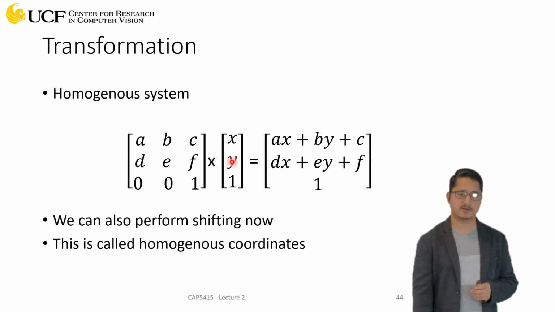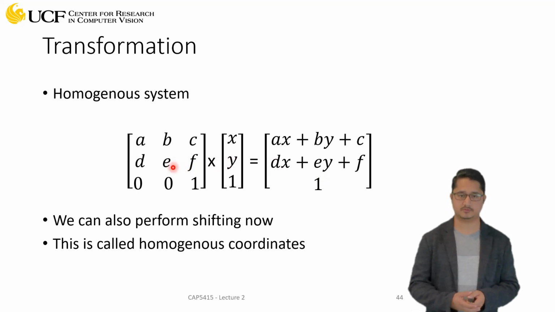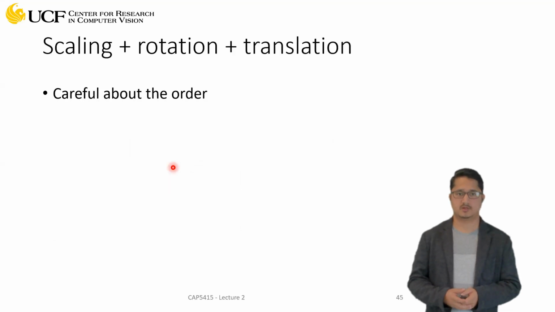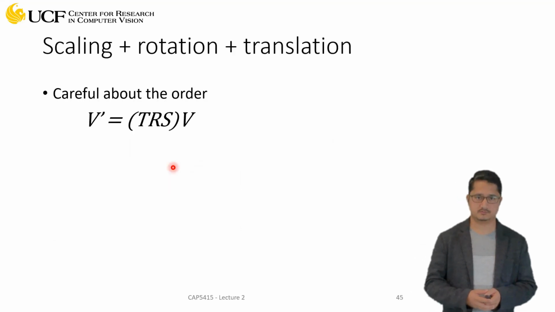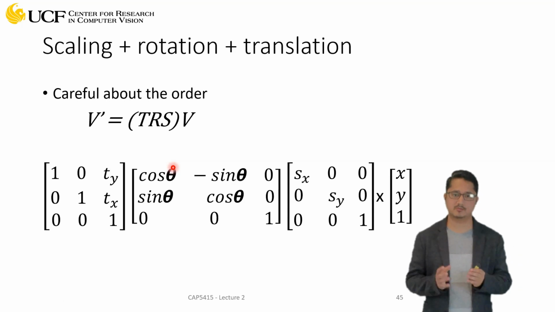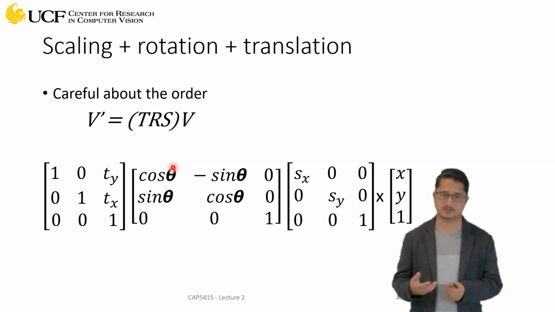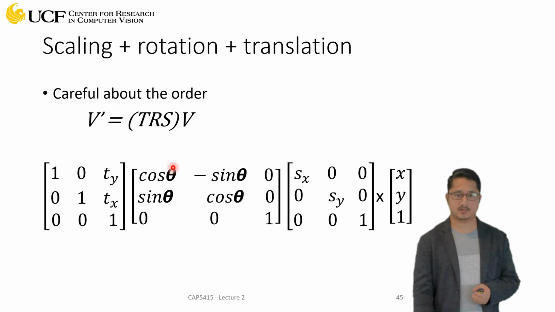So this matrix over here is called homogeneous coordinates, or you can say homogeneous system. And the system allows you to perform all these transformation operations on your vector, or on a matrix as well. If you put all of this together, then you can have a single 3 cross 3 matrix, which is called a homogeneous matrix.